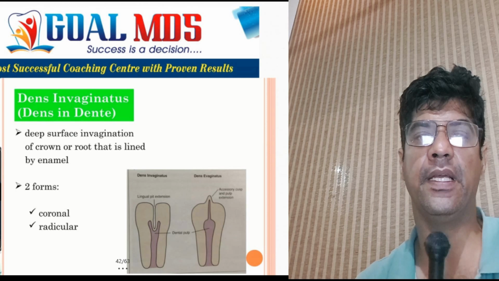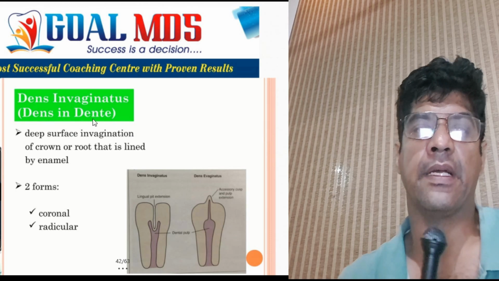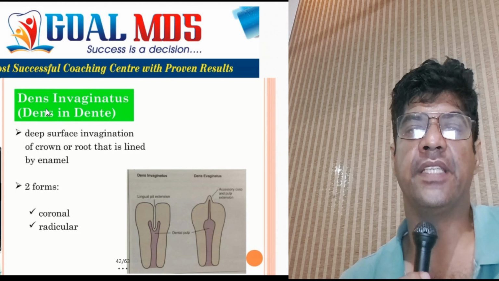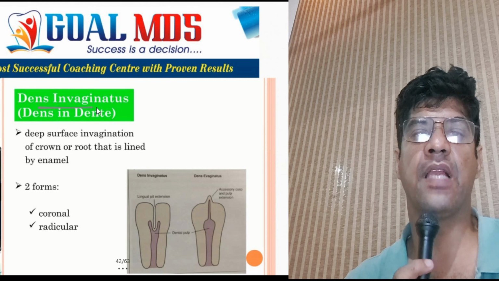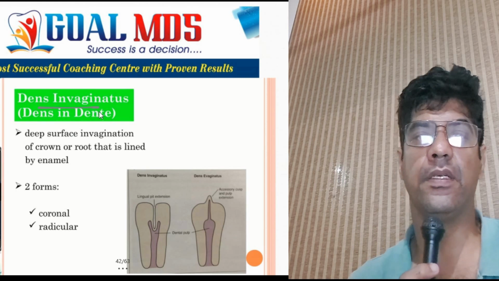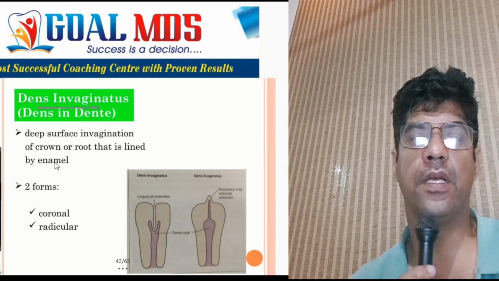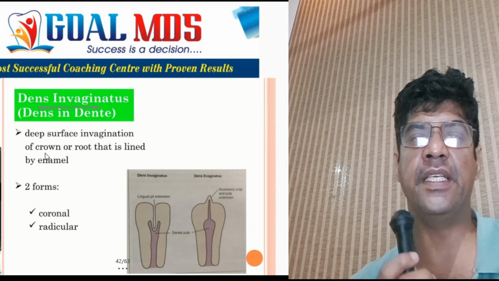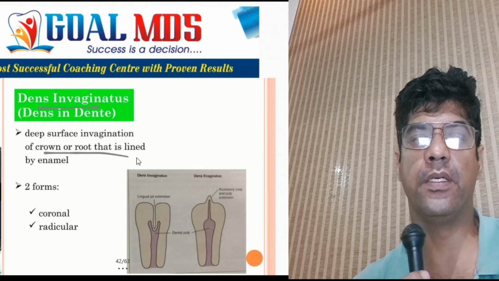Dens in dente. It comes from the early invagination, that is a fold on the tooth surface before the tooth calcifies. So it happens when the tooth is still growing. The invagination is due to pressure or uneven growth in the tooth bud.